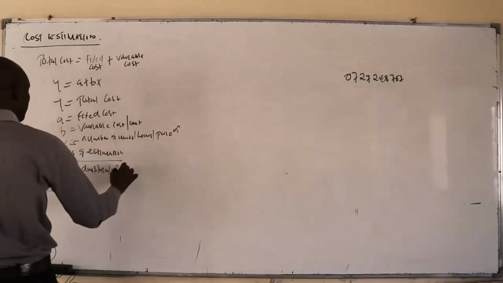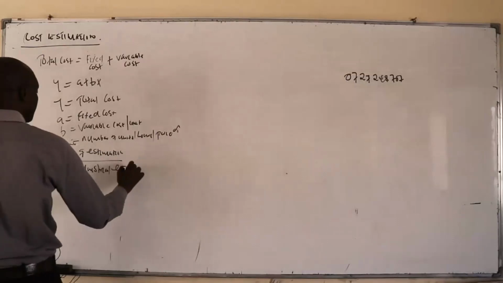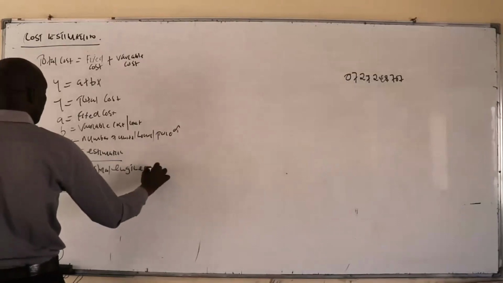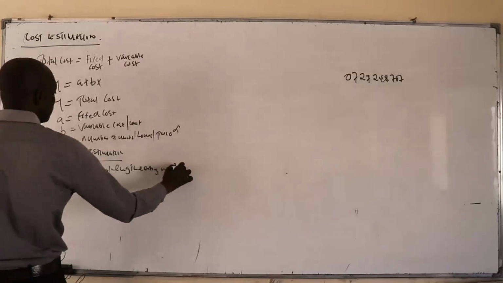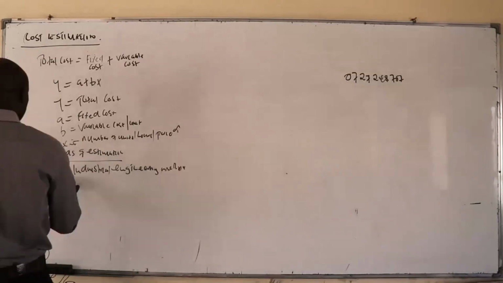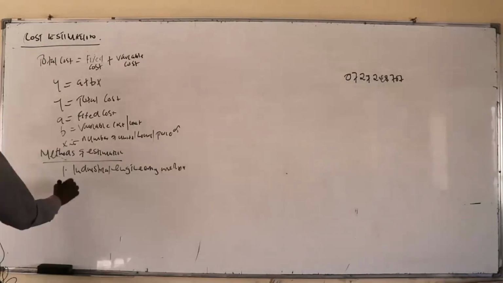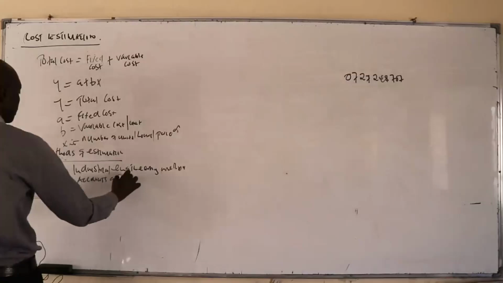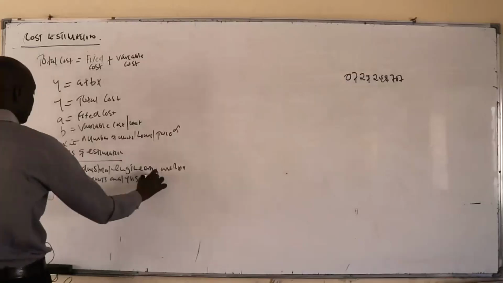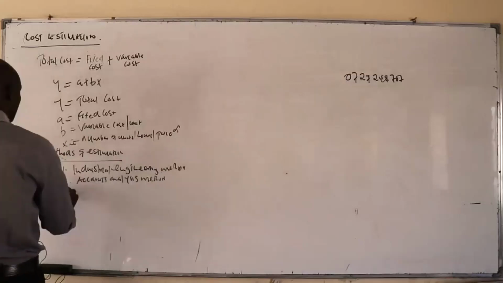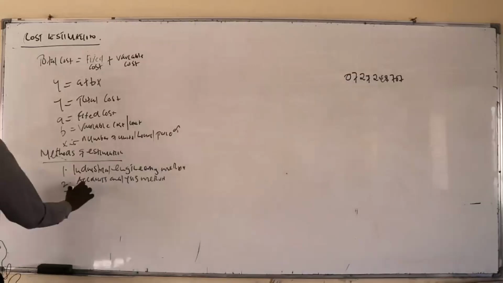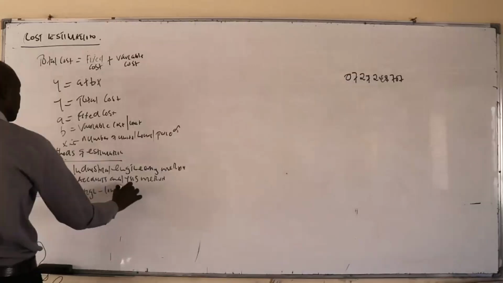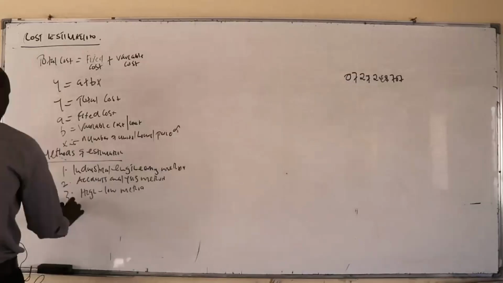Number two, we have what we call accounts analysis method. That is method number two. And then number three, we have high-low method. And number four, we have simple regression or least square method.